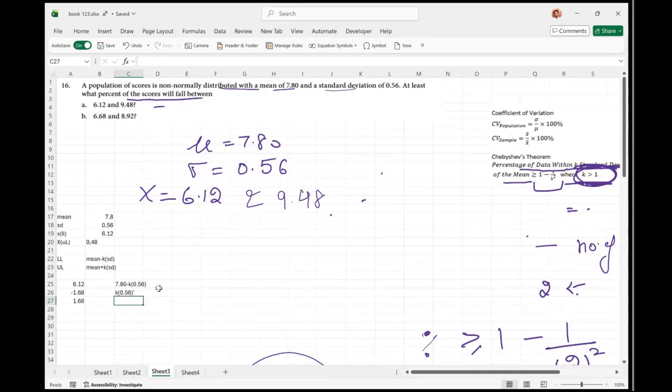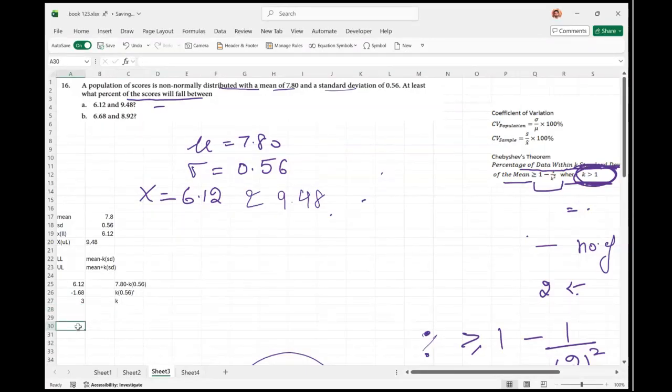Only for these kinds of questions, where there is a normal distribution or the Chebyshev theorem, the k value is this number 1.68 divided by 0.56, and that k value is 3 on the left-hand side.